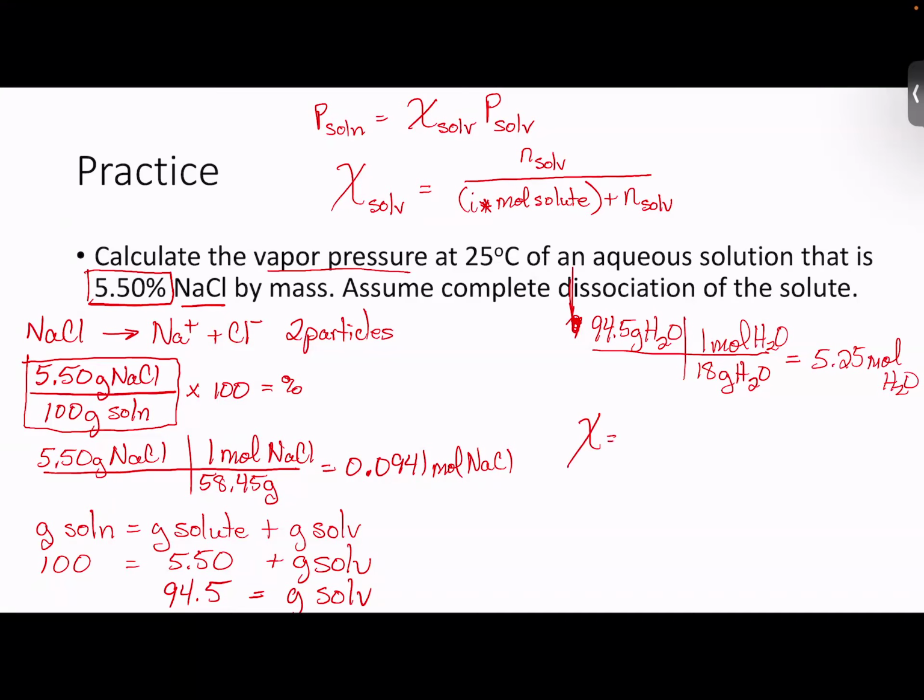The mole fraction of water is going to equal the moles of solvent, which is 5.25, divided by our i times the moles of solute, which is 0.0941, plus the moles of solvent. So our mole fraction is equal to 0.965.